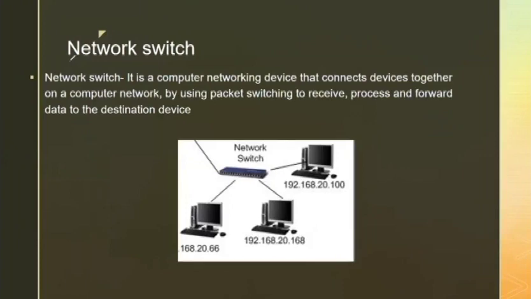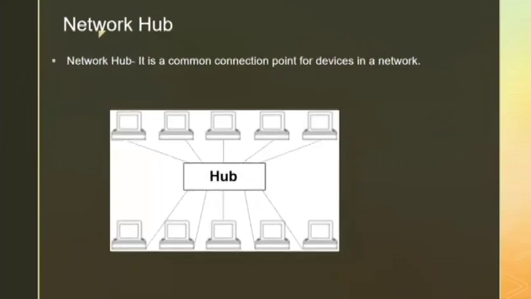This switch is an intelligent device, because this switch can identify where the data is coming from and where it should send the data. But the network hub has no intelligent method.